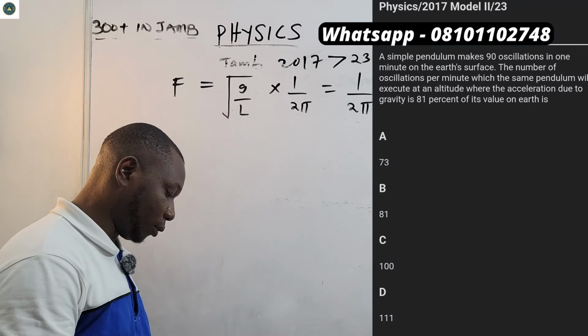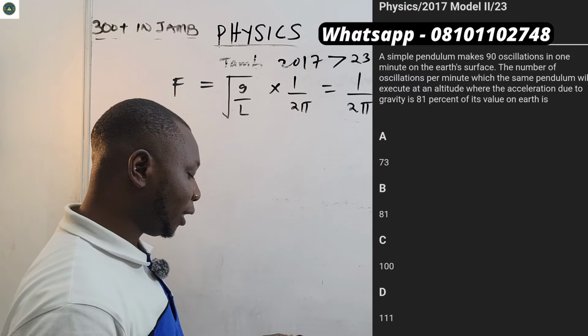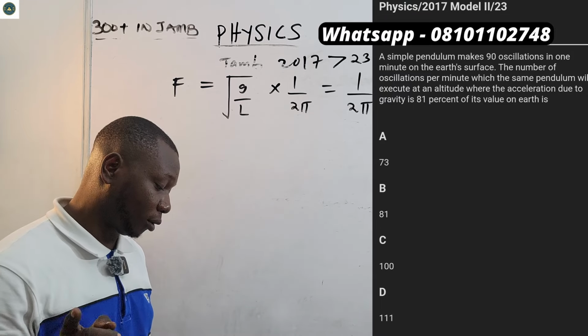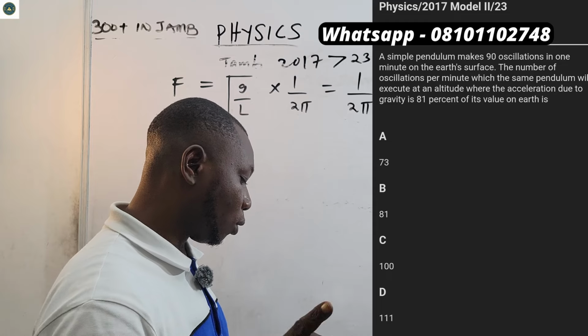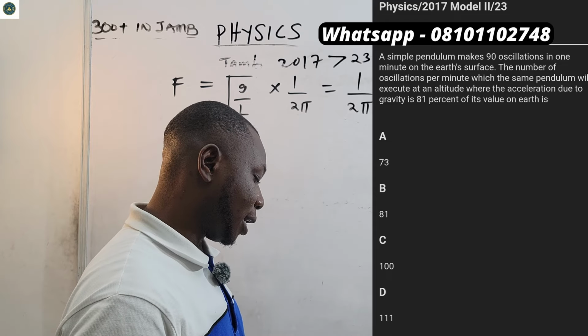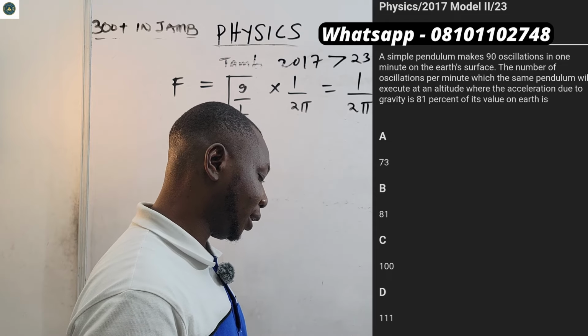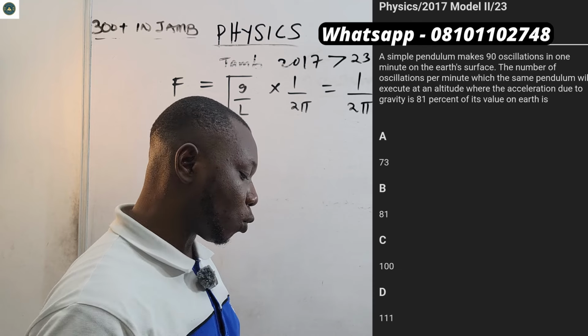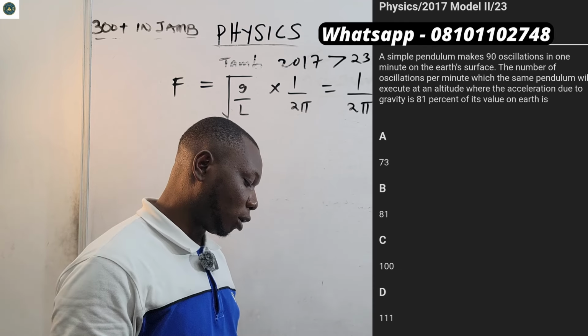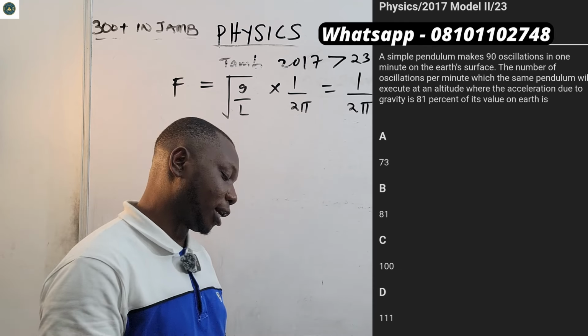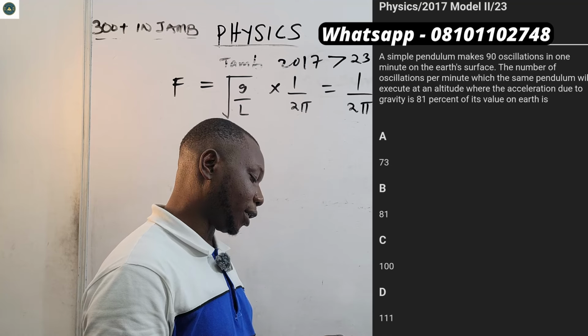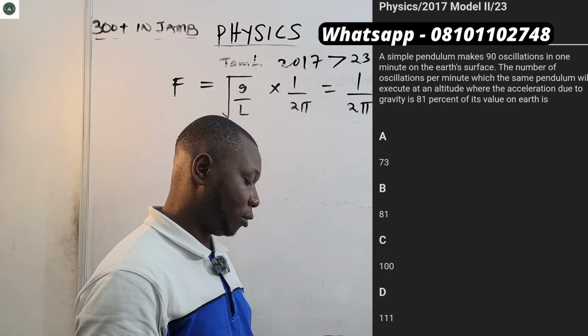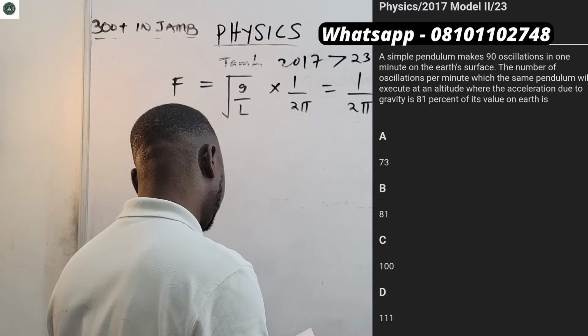So back to the question. A simple pendulum makes 90 oscillations in 1 minute on the Earth's surface. Now the number of oscillations per minute which the simple pendulum will execute at an altitude where the acceleration due to gravity is 81% of its value on Earth.